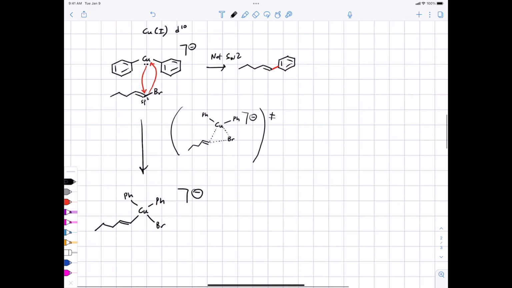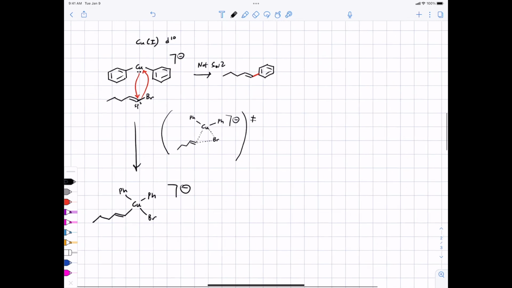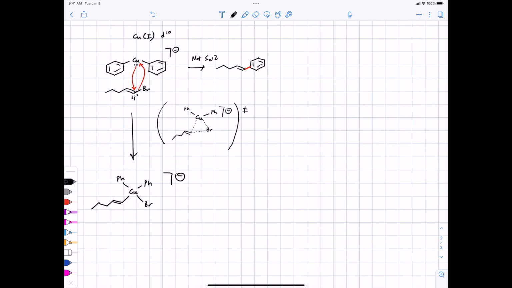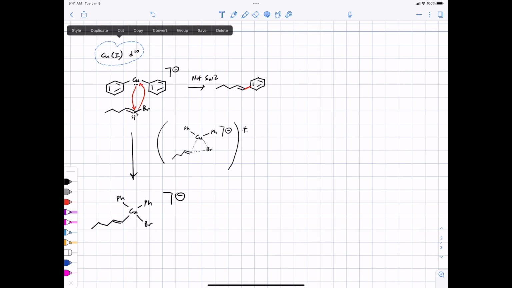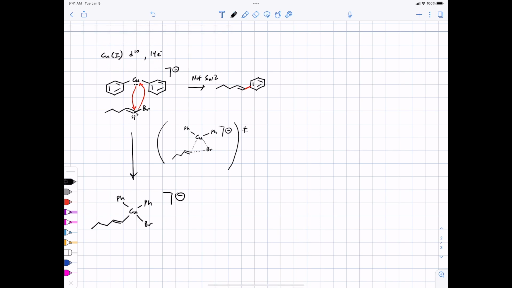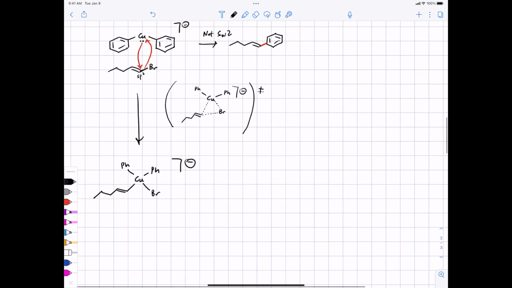Now, let's assign oxidation state and do a d electron count and an overall number of electrons in the complex. Overall charge is -1, but we've got 1, 2, 3, 4 X-type ligands, right?